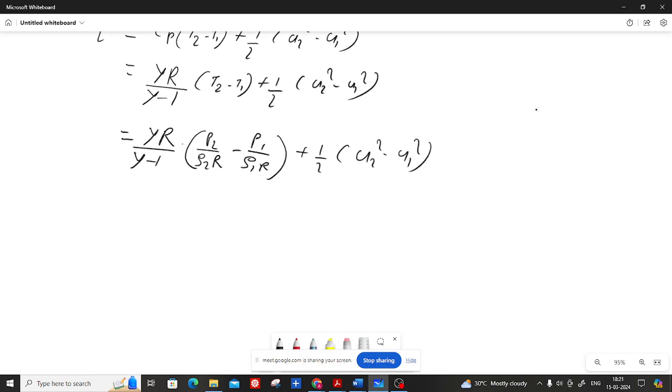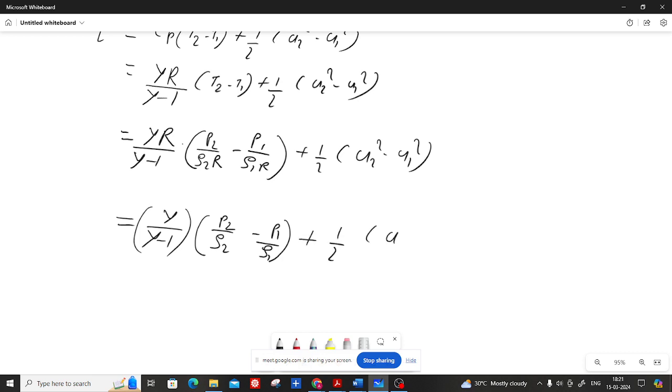So R will get cancelled. Gamma upon gamma minus 1 into (P2 upon rho 2 minus P1 upon rho 1) plus 1 by 2 (U2 square minus U1 square).